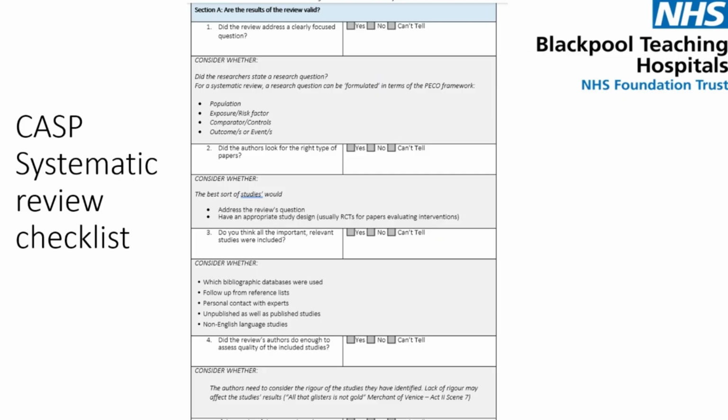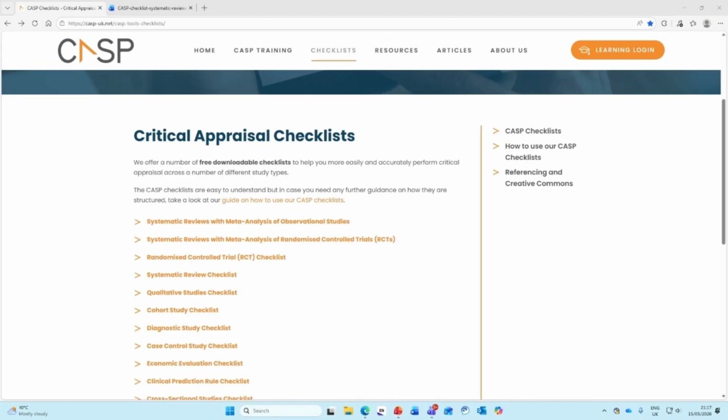Now, this is what the CASP systematic review checklist looks like, and it can be accessed from the CASP website, where they have a list of checklists.